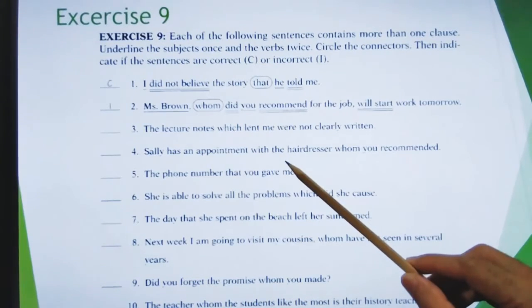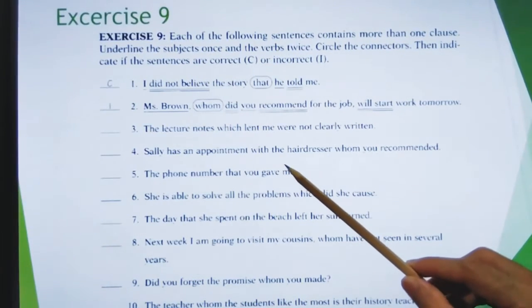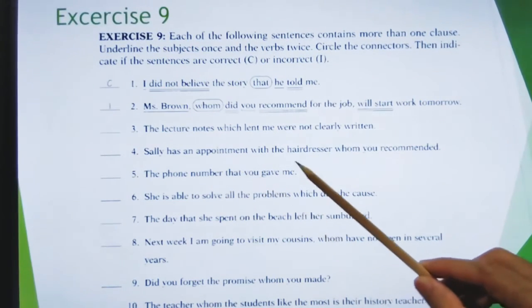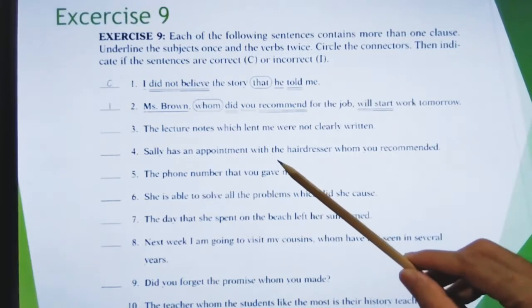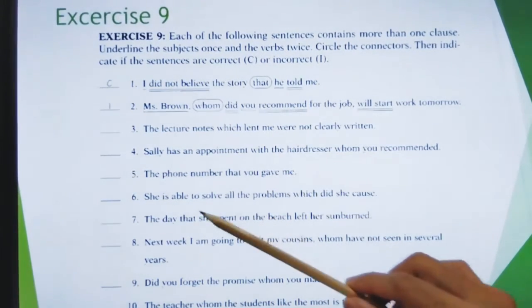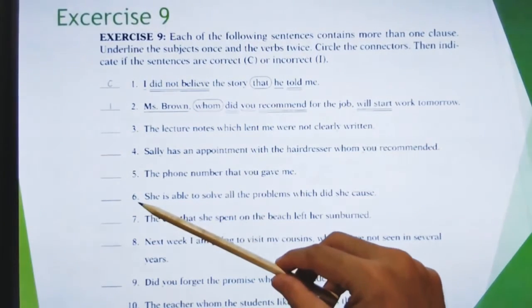You have to add was here, to be. Telepon yang kamu berikan adalah punya saya. Okay, so why was? Because gave is past tense.